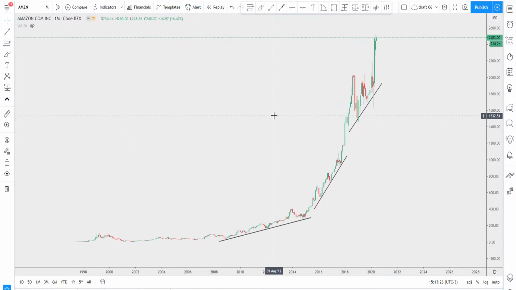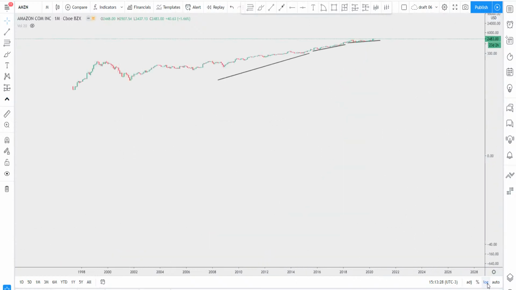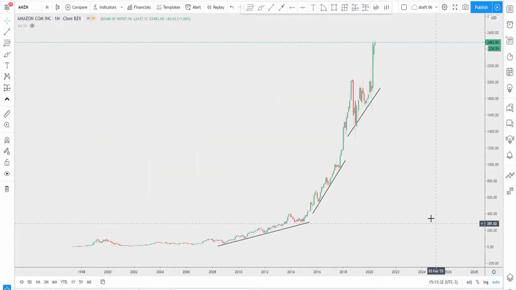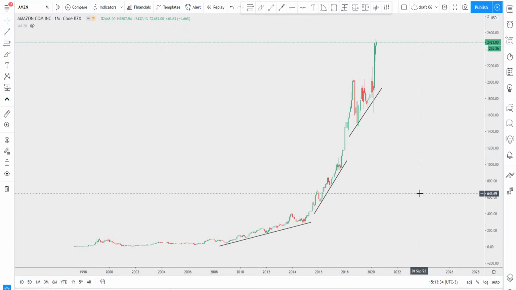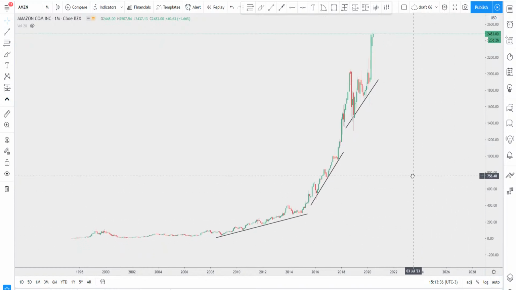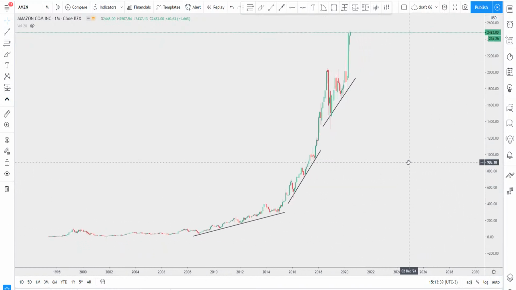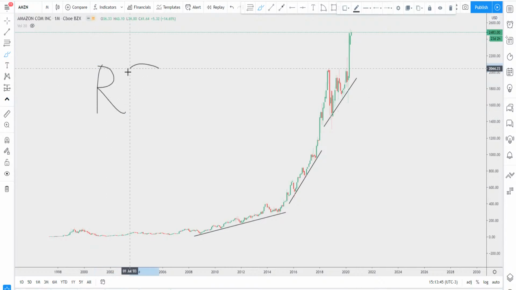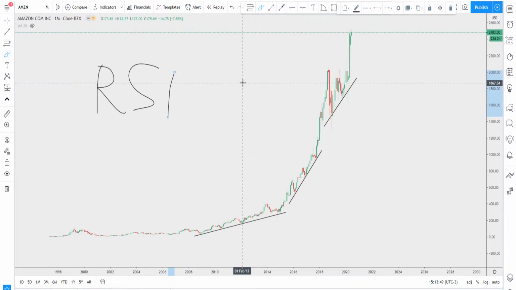And there is another thing here. As you can see, the lines will break. So for now, let's stay here. Another thing that I want to show you is this. You know I don't use the RSI or MACD or moving average. I don't use anything, stochastic, Ichimoku.